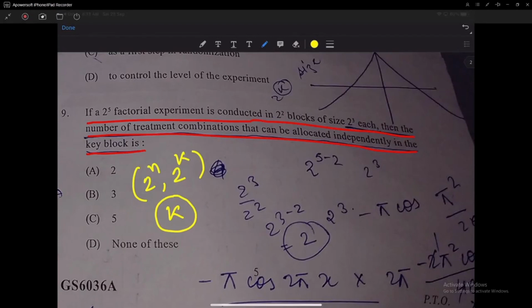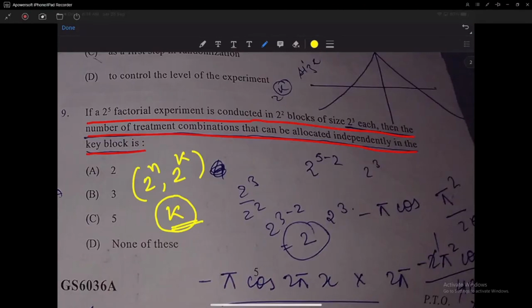Okay, and we have to take these k independent treatment combinations to get the confounded effects, and the other effects, which are basically the general interaction effects, will be automatically confounded.